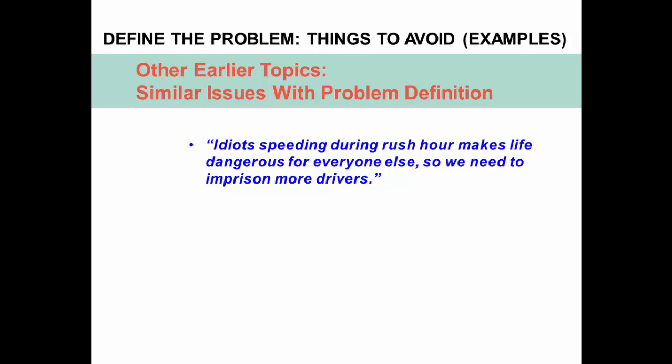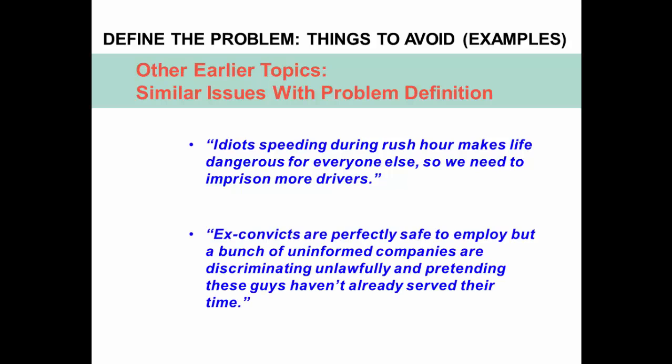One other example, which echoes an earlier offering in the prior lecture, had to do with post-incarceration employment. Say we were to phrase the draft problem statement as follows: ex-convicts are perfectly safe to employ, but a bunch of uninformed companies are discriminating unlawfully and pretending these guys haven't already served their time.